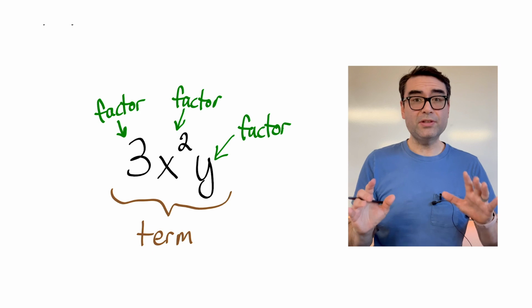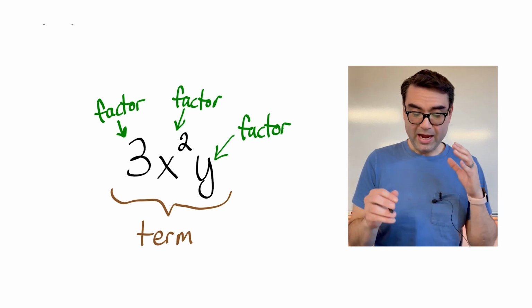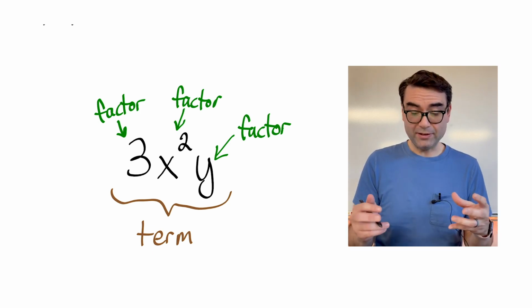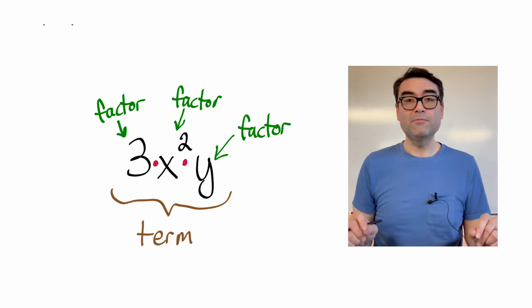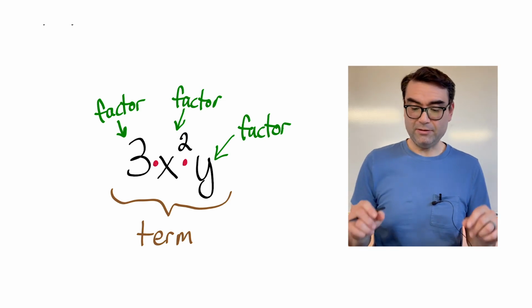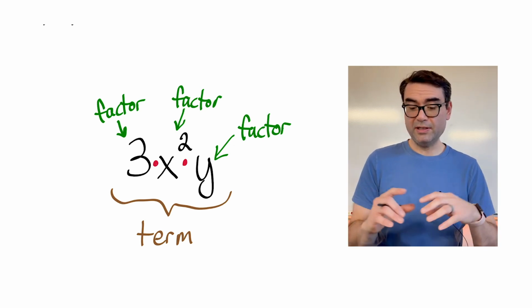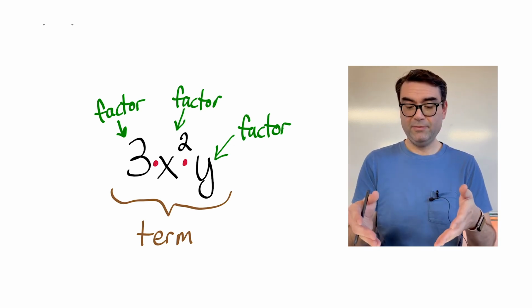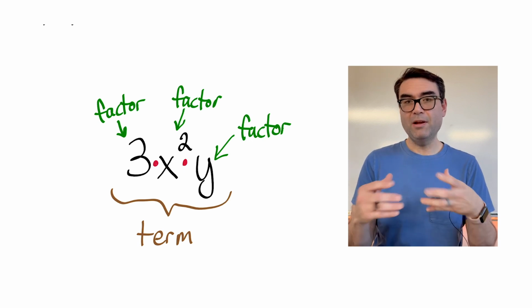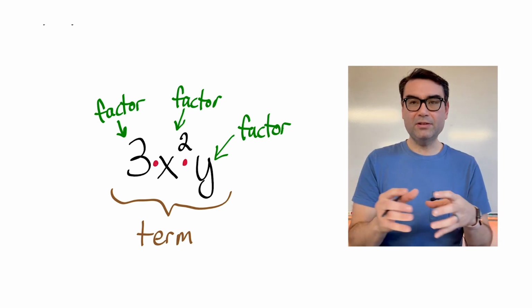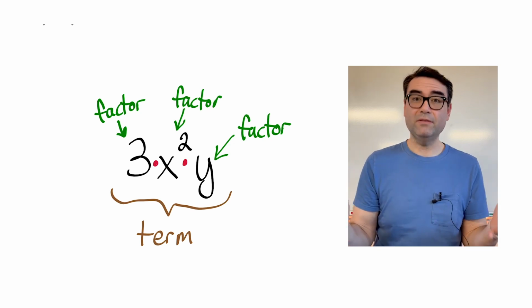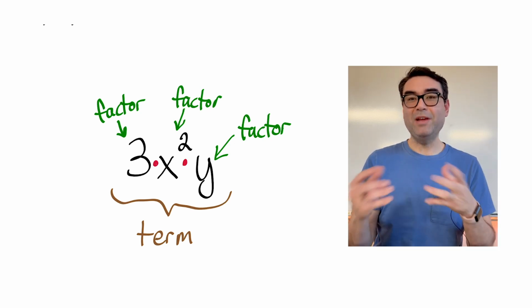So a single term can have many factors, and the defining operation between factors would be multiplication. So usually in algebra, a term has numbers, sometimes negative numbers, and variables, but as long as all those things are just multiplying each other, we would call that a single term of many factors.